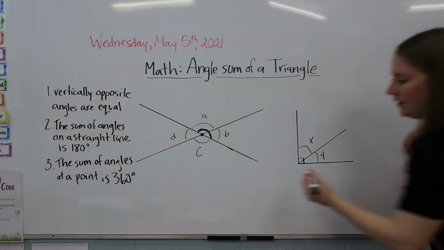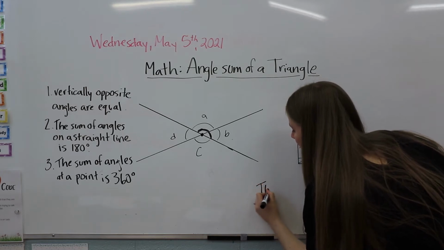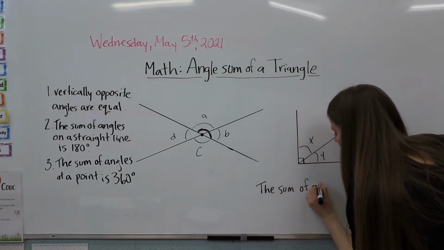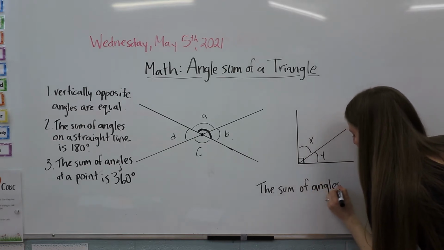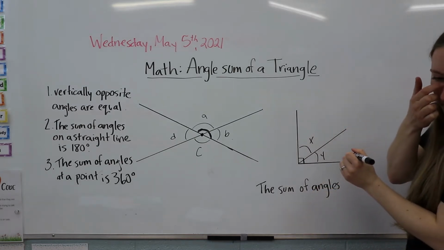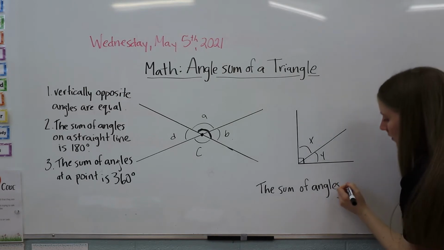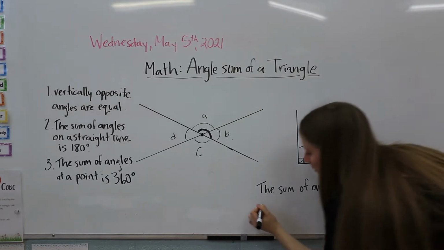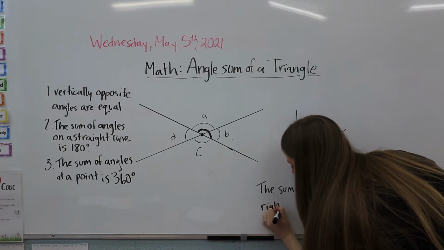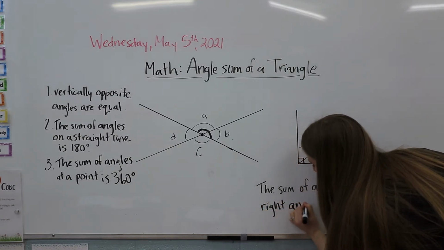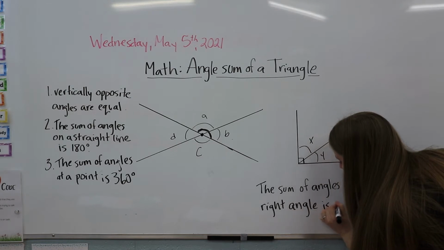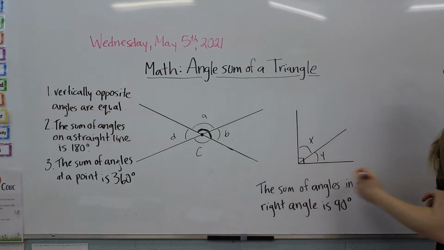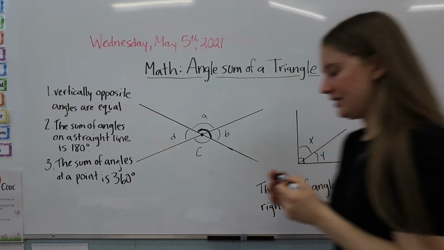Okay, so we know that x plus y equals 90 degrees.